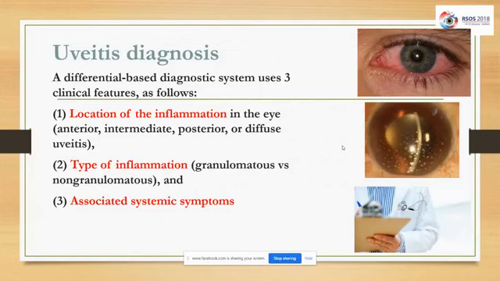So again, the location: is it anterior, intermediate, posterior uveitis, or panuveitis? The type of inflammation: is it granulomatous or non-granulomatous? And the associated systemic symptoms. By fulfilling the criteria of the type of inflammation, the location, and associated systemic symptoms, you will be able to give a broad differential diagnosis for your patients.